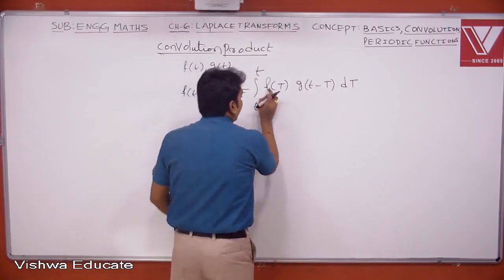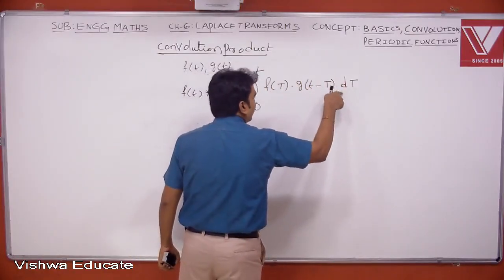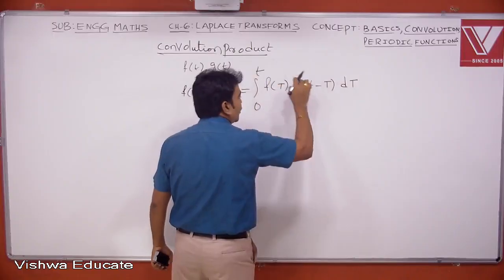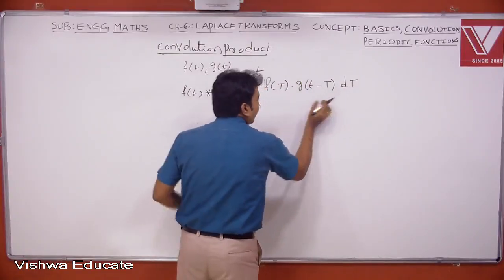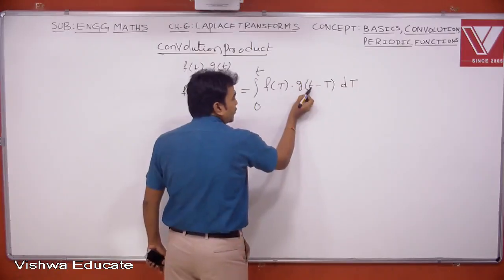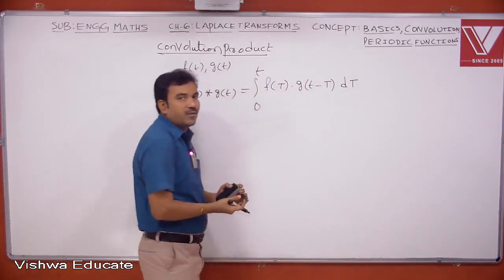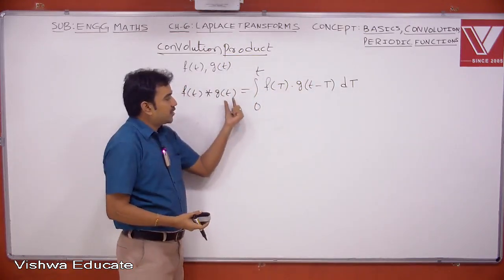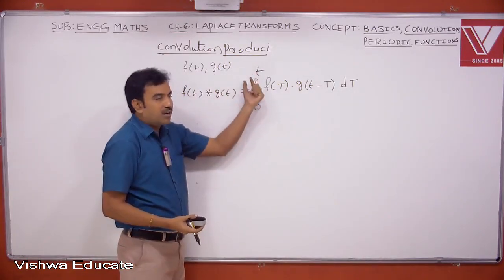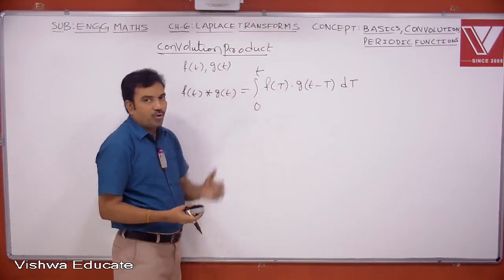So f of capital T times g of small t minus capital T into dT. Integrate this entire function with respect to capital T. When you are integrating this function, small t is constant, but capital T is a variable. So integrate this function between the limits 0 to small t with respect to capital T. And this is nothing but the convolution product of these two.